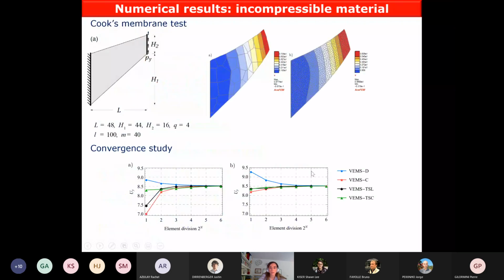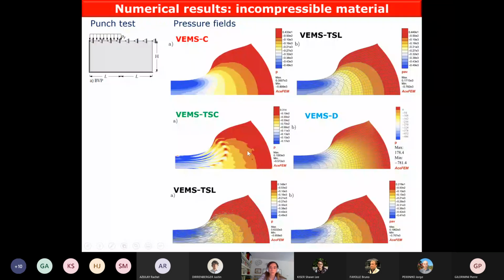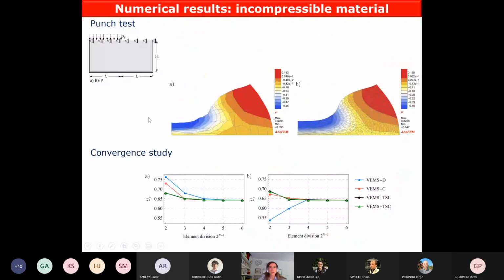Some results, maybe I will focus only on a few things. So we compare the different responses of using discontinuous, continuous, Taylor series linear, Taylor series expansion, constant approximation for the pressures.